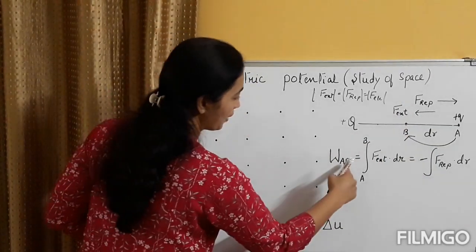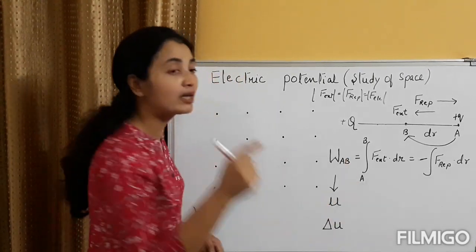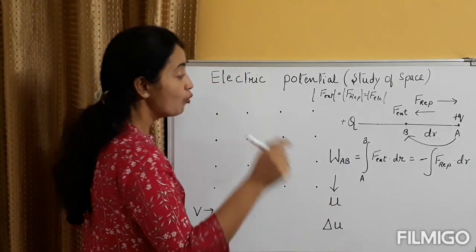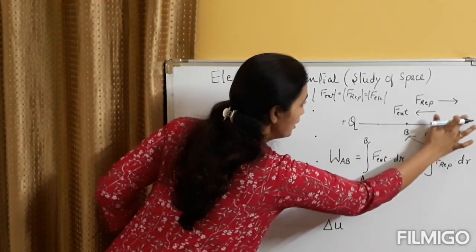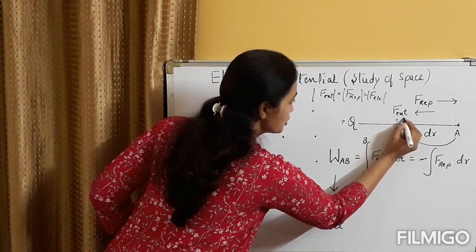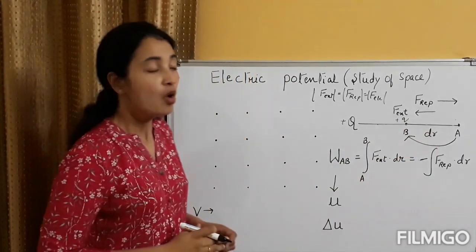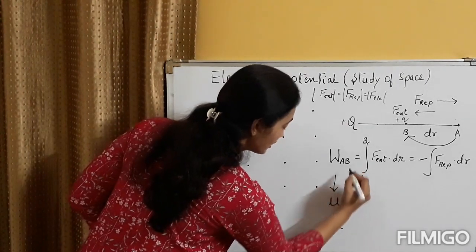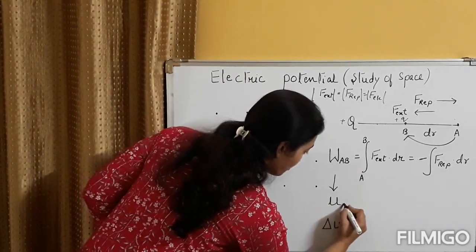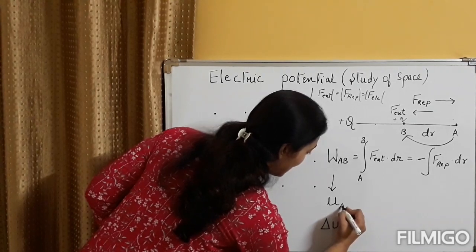Now, if I talk about this work done, then what happens to the work which is done? Suppose this charge has shifted from this position to this position, A to B. What happens to this work done? You already know this work done is stored in the form of potential energy.